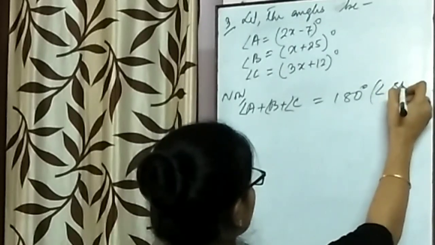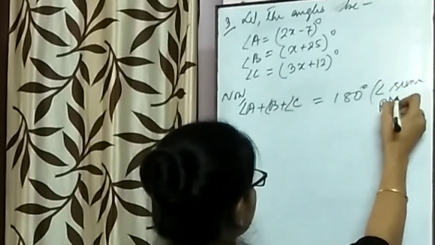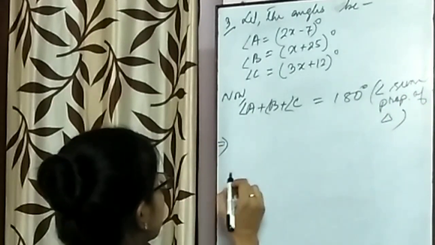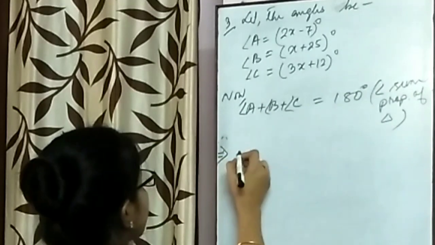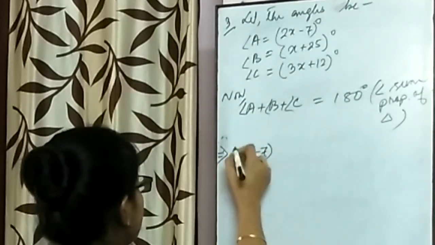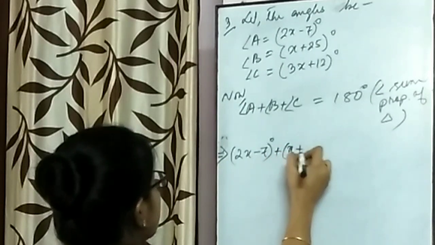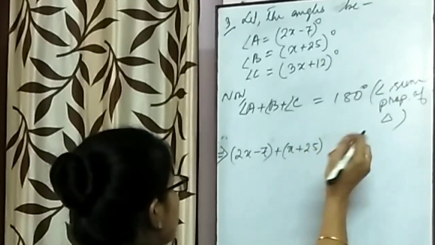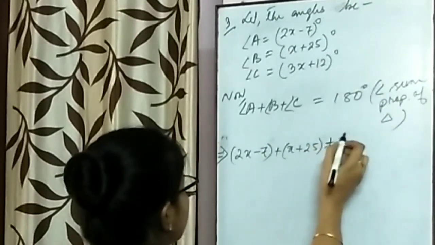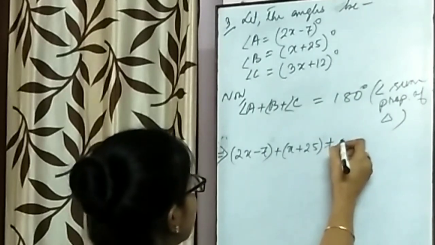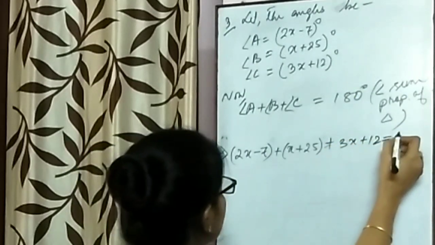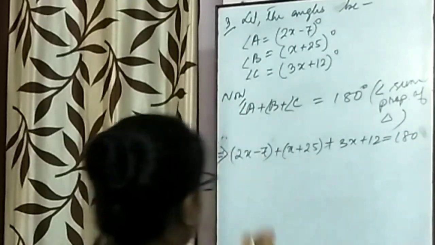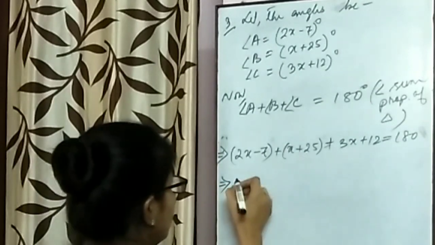Angle sum property of triangle. 2x minus 7 degrees plus x plus 25 degrees. Without writing degrees, we will calculate. This degree also we will remove. 180. Now go on calculating.